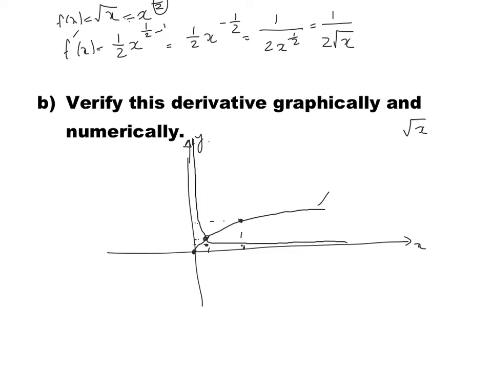That's why your graph starts at infinity. And also, if you look at the graph of square root of x, you can see that it's going to continue and it almost becomes horizontal. And we know that the rate of change of a horizontal line is 0. So that's why as x goes to infinity, the derivative goes to 0.